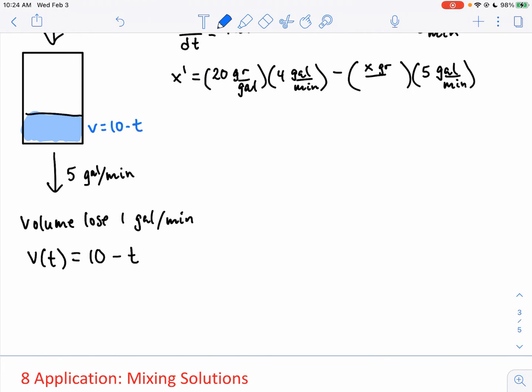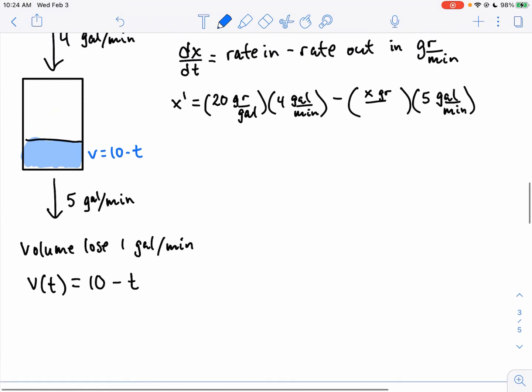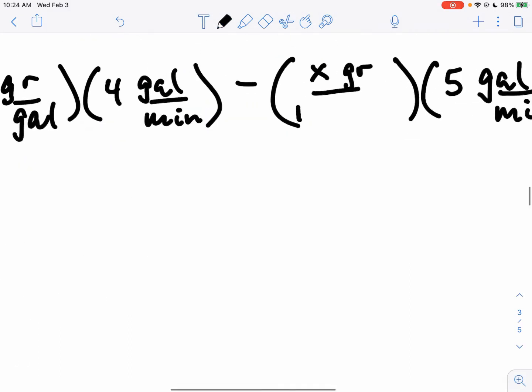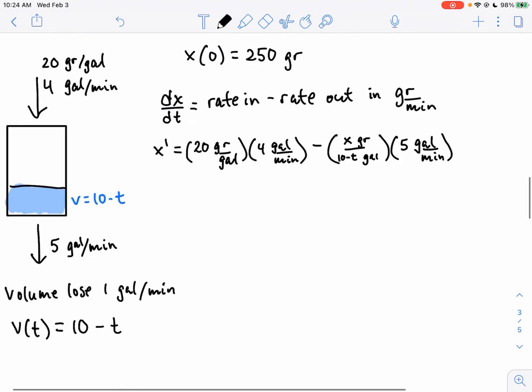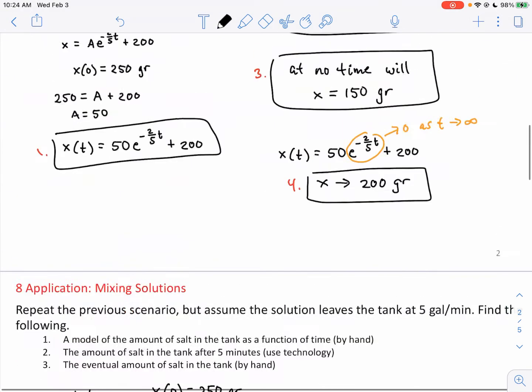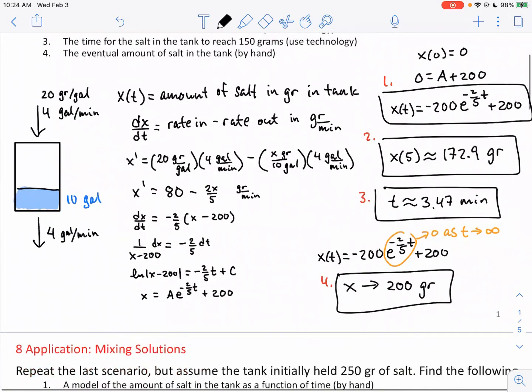It's 10 minus t. And therefore, our concentration will be x grams of salt per 10 minus t gallons of solution. So we actually get 10 minus t gallons in the denominator, whereas in the previous tasks it was x grams per constant 10 gallons because the flow rates of 4 and 4 matched.